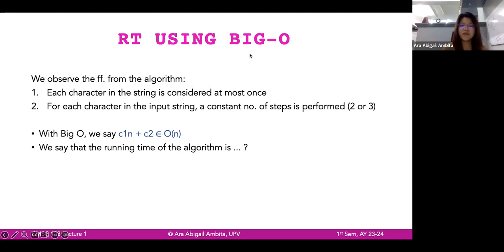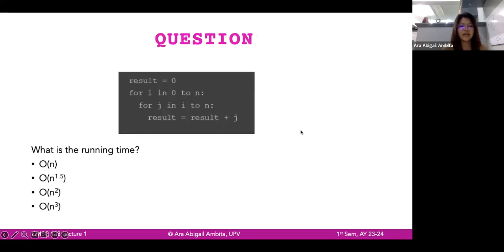Again, in the big O, if you remember, we simply have to discard all the unnecessary details, like the C1 as well as the C2, and we will be left with n. So we say that the running time of the algorithm is O of n, or also linear time.